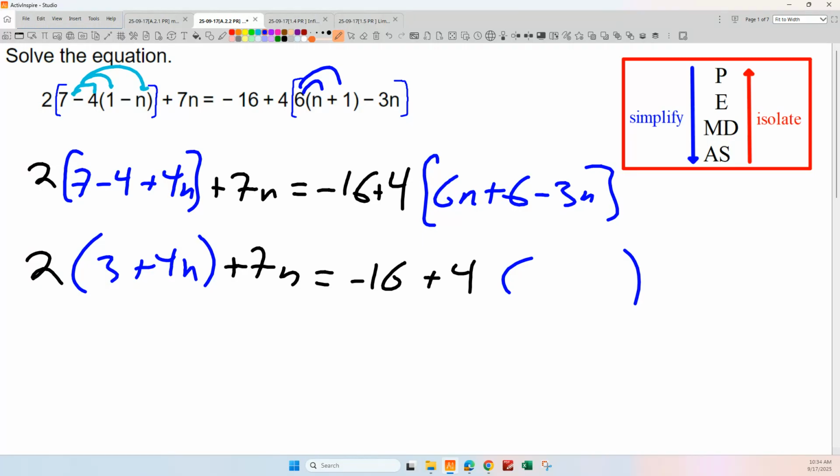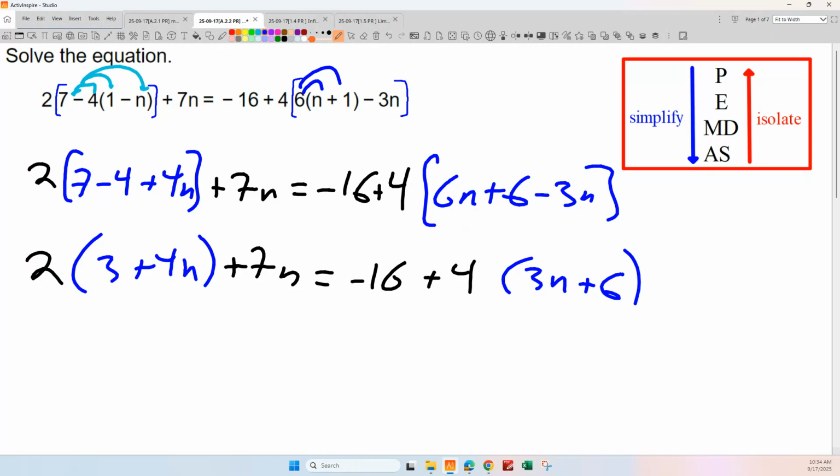There you go, right? The 6n and the 3n, right? So 6n minus 3n is just 3n. There you go, perfect. Plus 6. Okay, now we can move down. We're outside of the parentheses, so we're just going to work our way down. No exponents, multiplication or division, anything I need to multiply or divide.